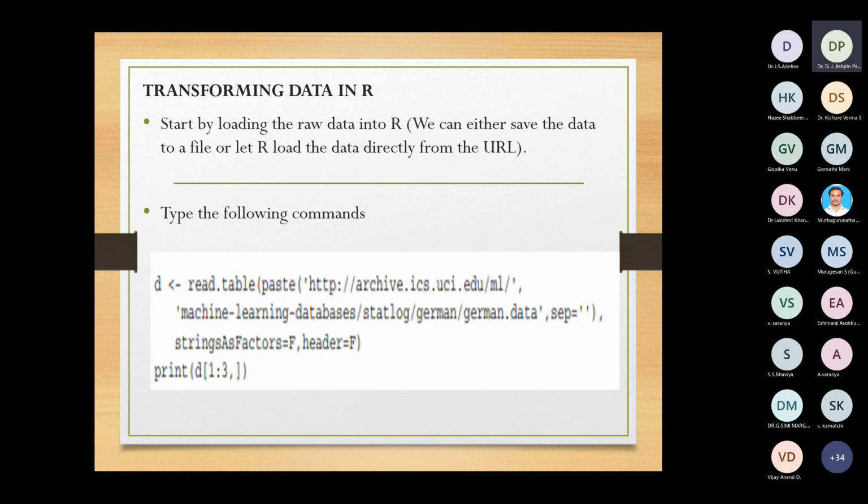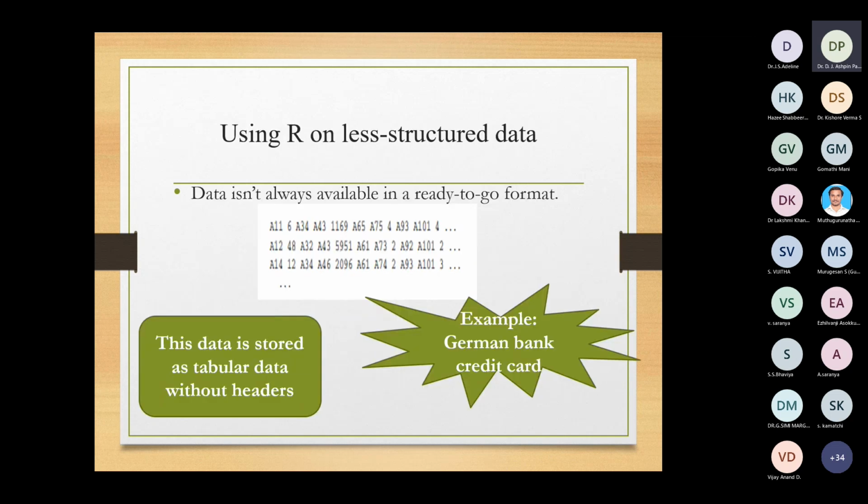I will explain what this data is. This is the data set. It contains 20 input columns. All the data is not shown here, but it contains 20 input columns followed by one result column. And you can see that there is no header in the data file. The column definitions and meanings, this A11, A12, A14, have specific meanings, but that is not available here.